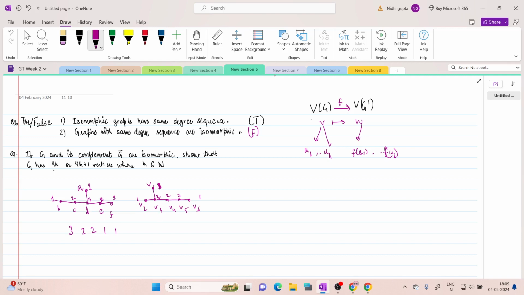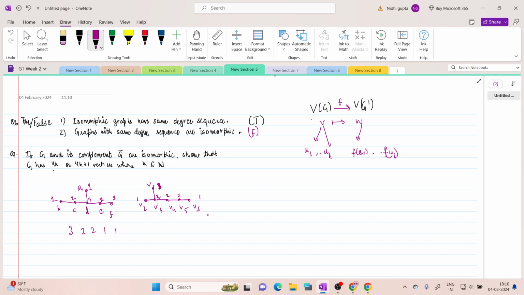But here also we have a degree 3 and a degree 1 vertex adjacent. Look at C and D, both have degree 2, and adjacent to them there are degrees 1 and 2. That is fine. Here the degree 3 vertex is adjacent to two degree 1 vertices, but here the degree 3 vertex is adjacent to only one degree 1 vertex. Therefore, they cannot be isomorphic.